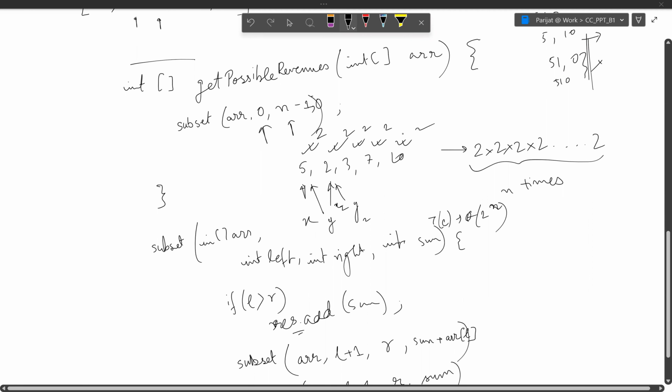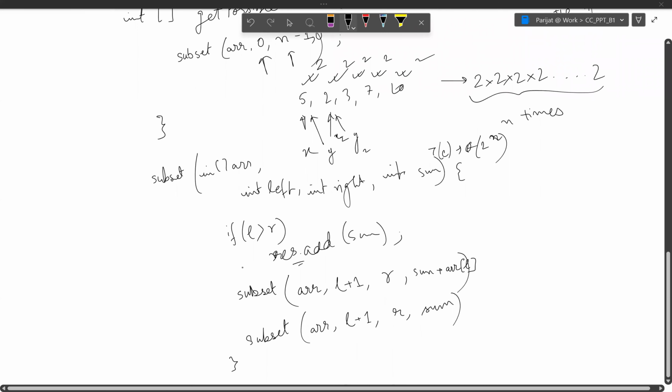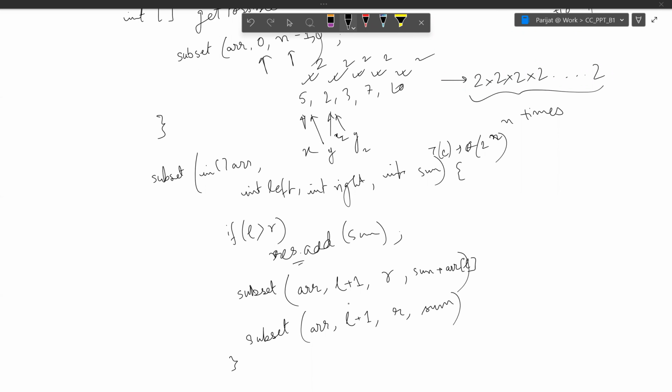Could it be done in an iterative way with the same time complexity? Yes, in an iterative way also you can build it. If you see this recursive way that we are building, it always goes from L to L plus 1, right? So you can have a loop, and in that loop itself, you can either take that element or not take that element and reach the end. So even an iterative way will give you a 2 to the n kind of complexity. That's also possible to build.